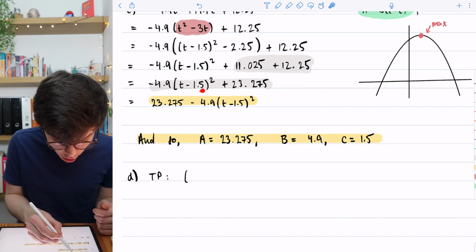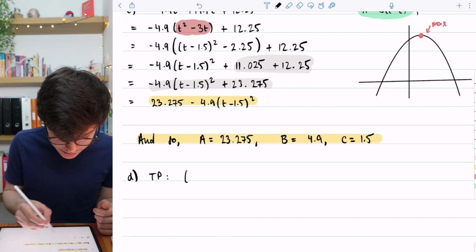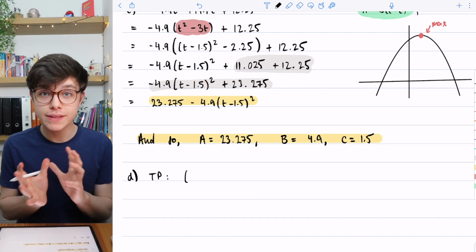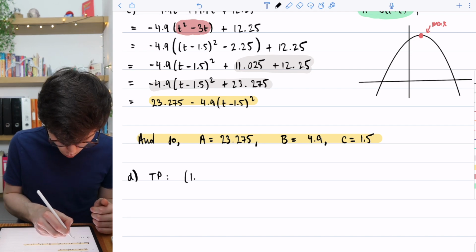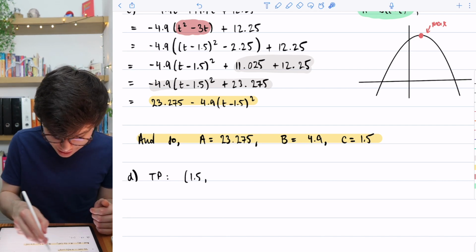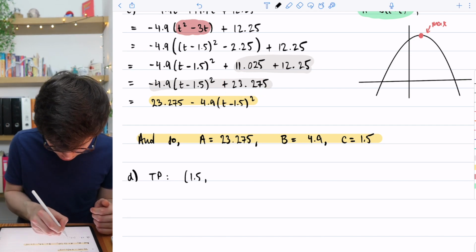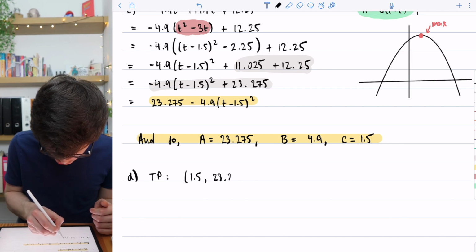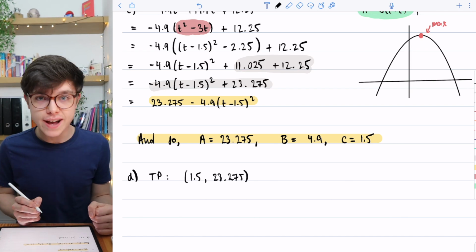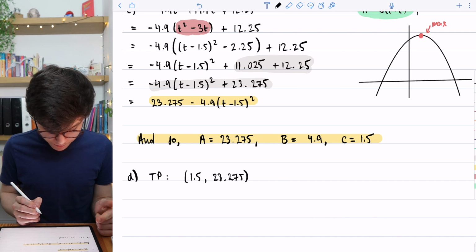We're going to take the opposite sign of this number to be our x value, or in this case our t value, 1.5, and then take our constant for our y value, 23.275. That's our turning point.